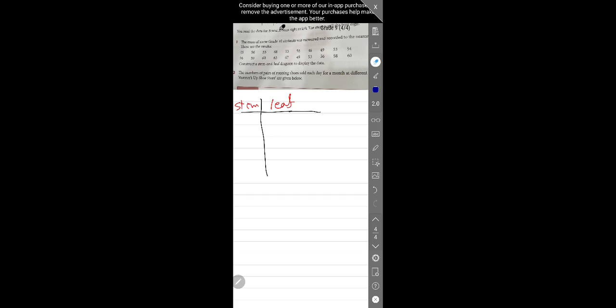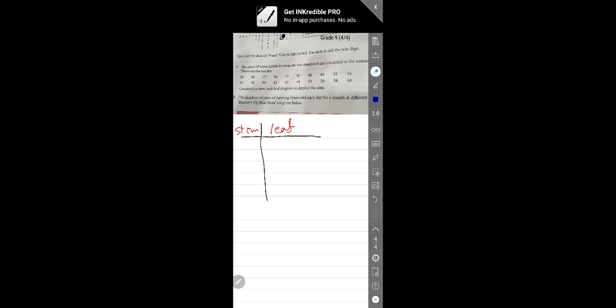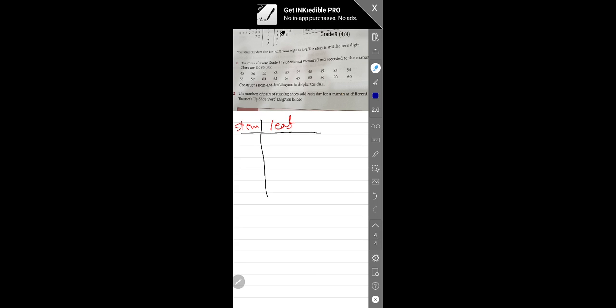Now we have 45, 56, 58, and so on. So we can construct this using just 4, 5, 6. Nothing else, right? We have 4, 5, and 6.